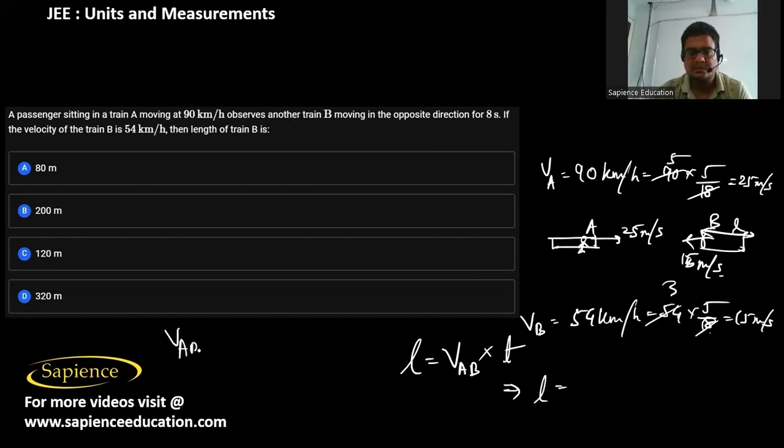VAB will be equal to 25 plus 15 meter per second. So that is 40 meter per second.